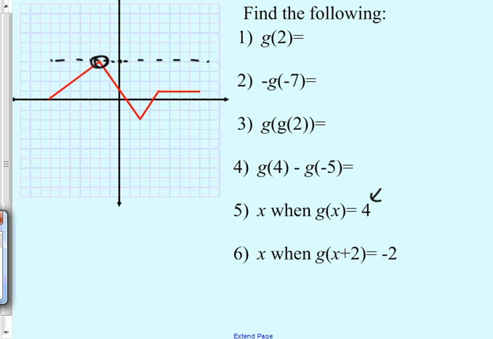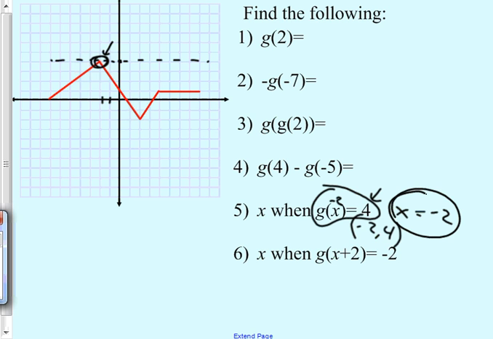I need to know the x. The x is -2. Now, if this is really true, do you get that the point -2 comma 4 would go with this? And this is how you can tell if you're doing it right. -2 comma 4 actually is on the graph, so there we go. X must be -2. It was asking for x.